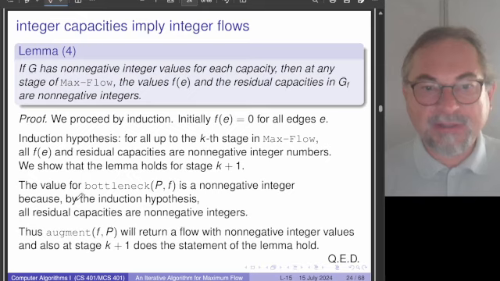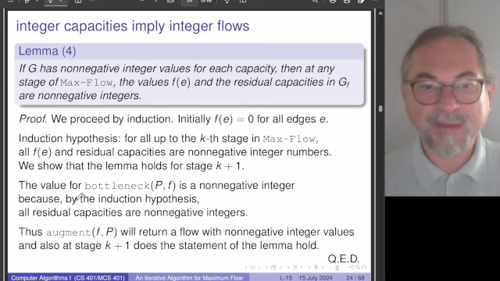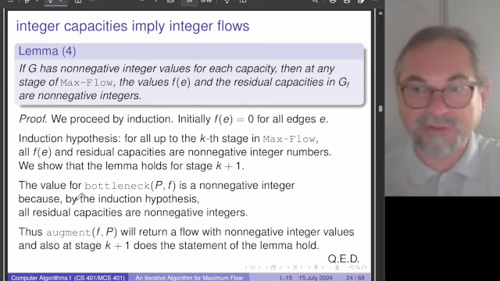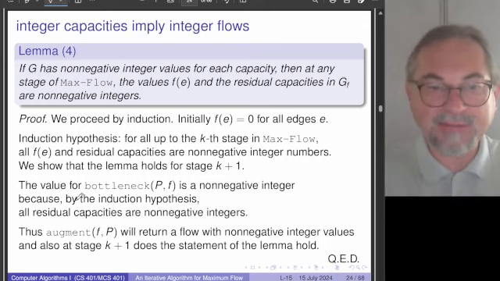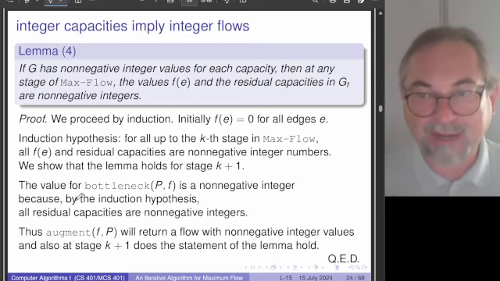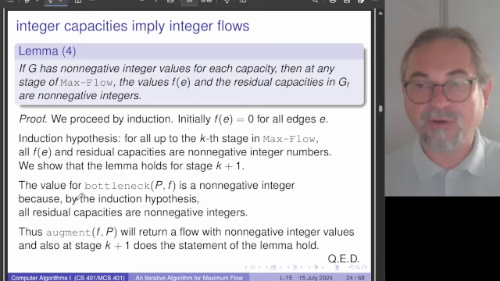The bottleneck is actually the smallest residual capacity. And if you take integers, you take the smallest integer, that will also lead to an integer that is non-negative. Then finally, in the formula for constructing flow on the augmented path, we are going to add the bottleneck, or we're going to subtract a number that is smaller than all the existing flows that there is already on the backward edges.